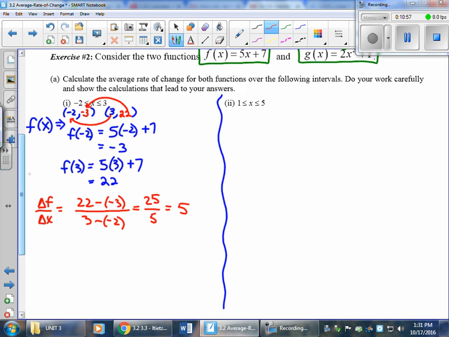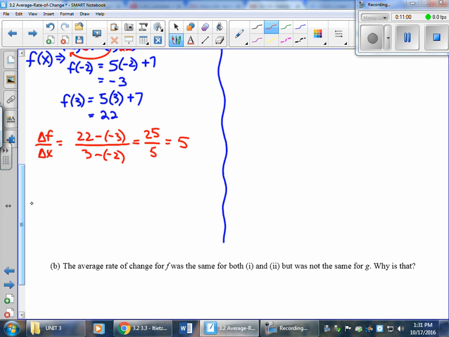Now we have to do the same thing with g of x. I hope I have enough room. So g of x, goes to g of -2, same situation, which is 2 times -2 squared plus 1, which is equal to 9.